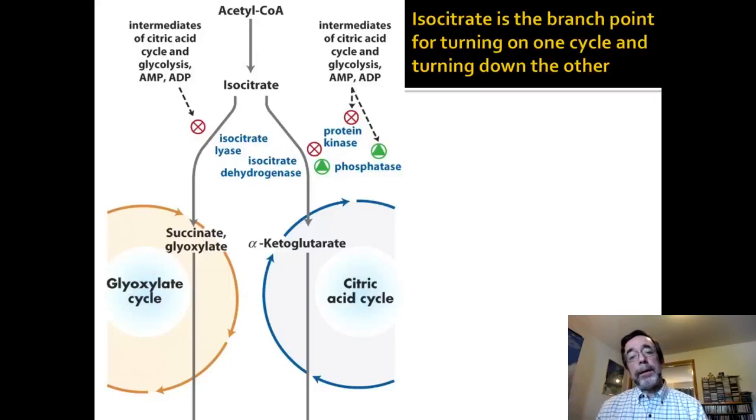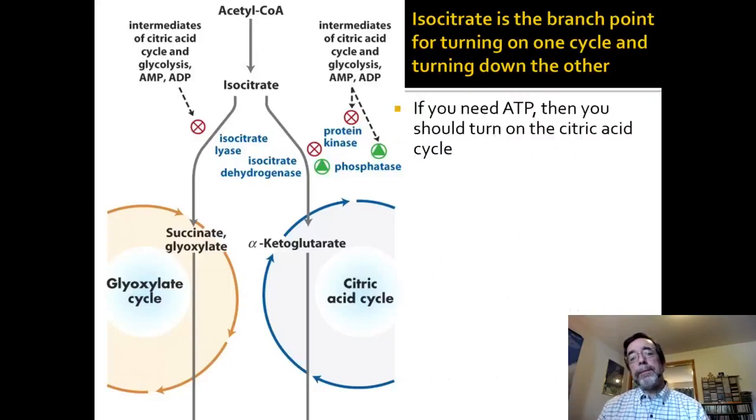Realize that you have an alternate, where you have the red X's on the left, you have green arrows, green triangles on the right. Because in the opposite situation, you want the intermediates of the citric acid cycle to turn up the citric acid cycle, and they actually turn up isocitrate dehydrogenase, which will make alpha-ketoglutarate, and that will turn the cycle more. The important thing here is that the first step of the glyoxylate cycle, in a sense, is the isocitrate lyase.